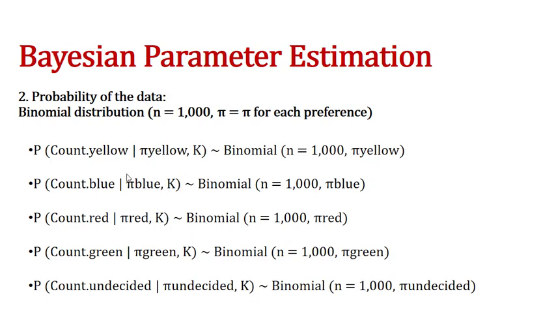So for each value of pi we need to determine each possible value of the preference for blue in the sample. Okay, so we need one of these distributions for each category.